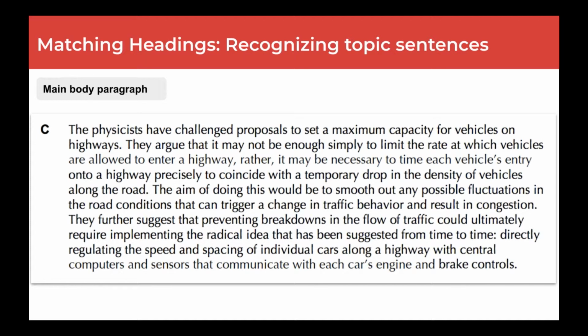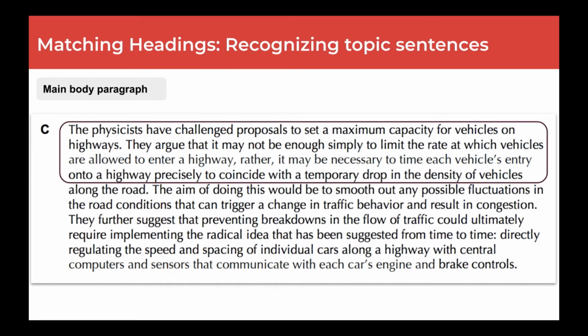They argue that it might not be enough simply to limit the rate at which vehicles are allowed to enter a highway. Rather, so here comes the idea that the physicists have proposed, it may be necessary to time each vehicle's entry onto a highway precisely to coincide with a temporary drop in the density of vehicles.